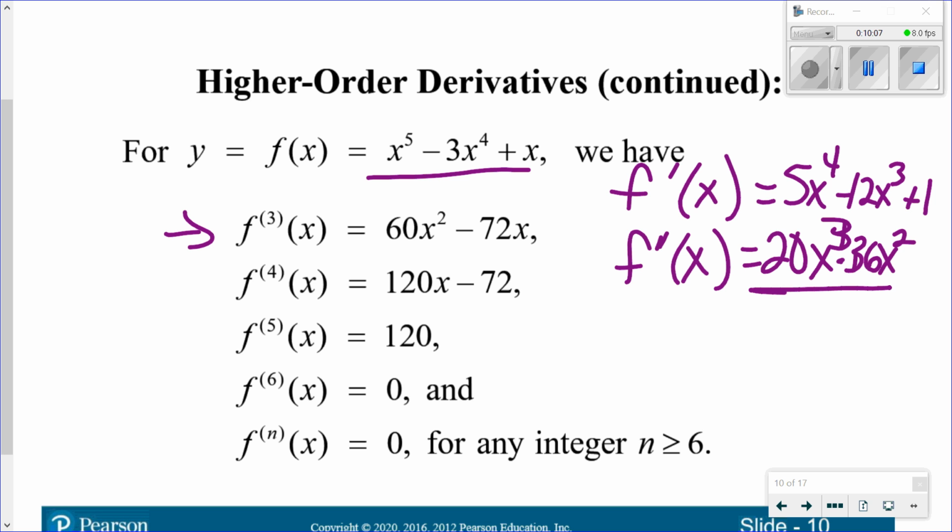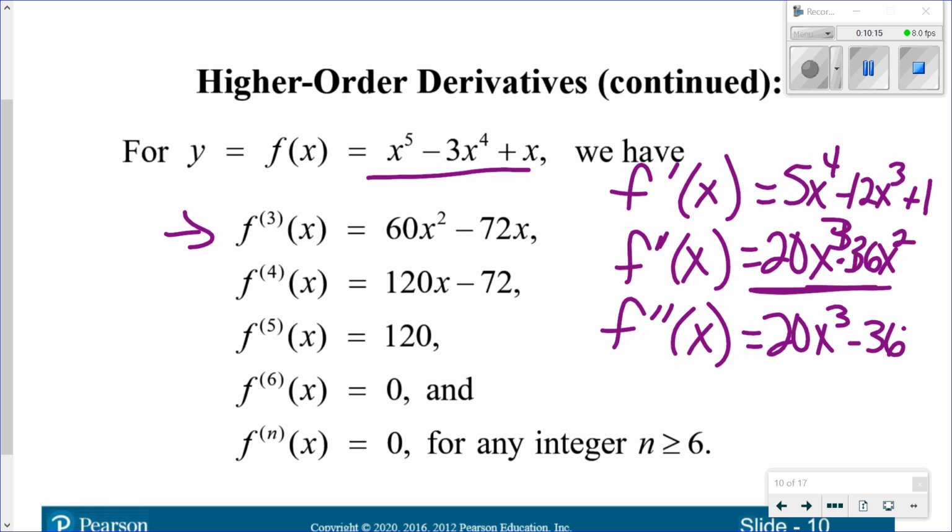Your third derivative means I'm taking the derivative of this. Let me rewrite that because it's messy. So that was 20x cubed minus 36x squared. So my third derivative is 3 times 20, that would give me 60x squared minus 72x. My fourth derivative is going to be 120x minus 72. My fifth derivative is 120. My sixth derivative is 0, and every derivative after that is 0.